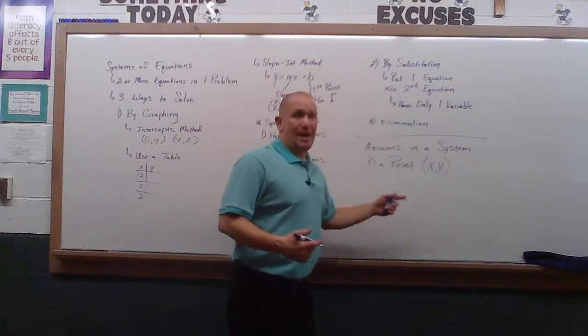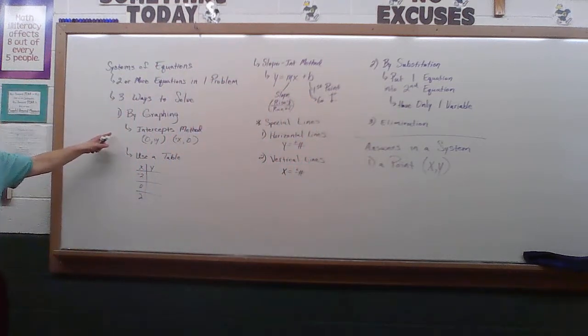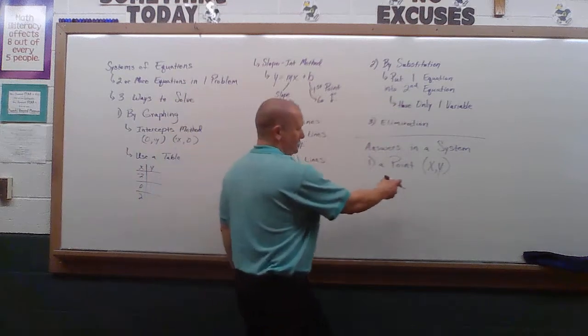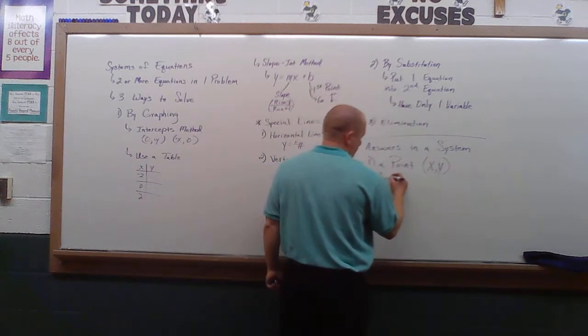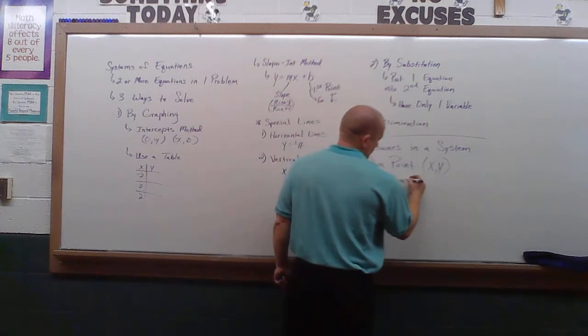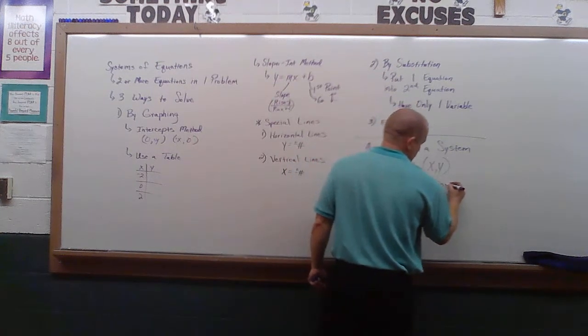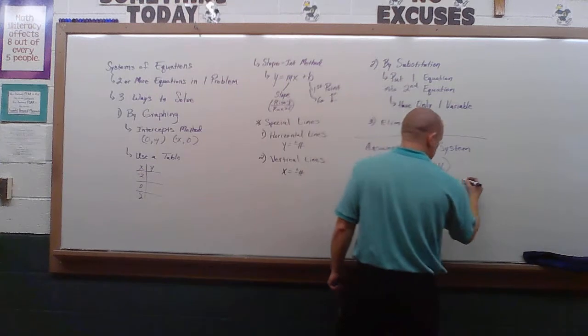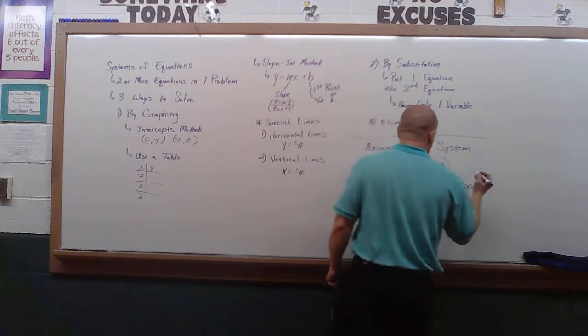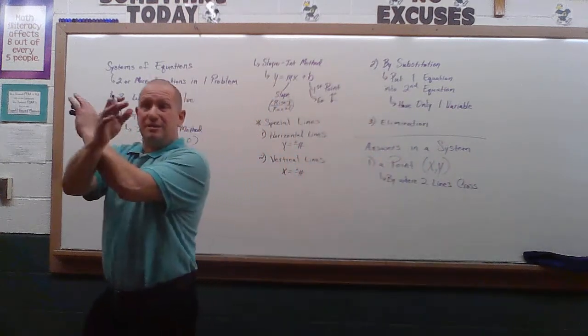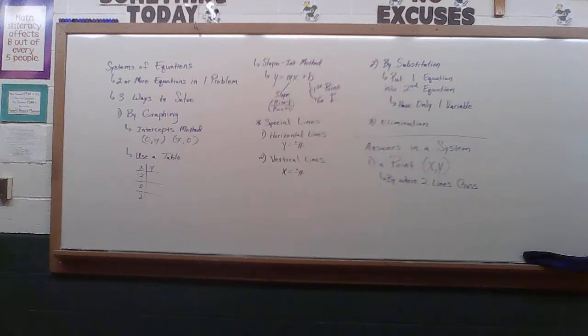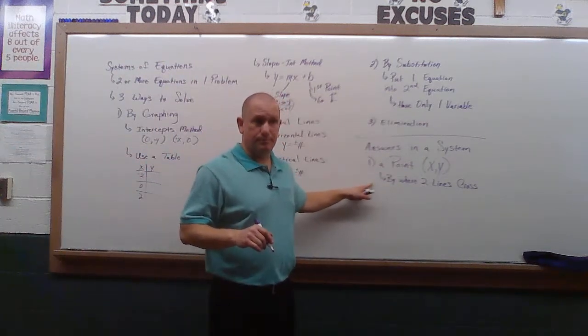Okay? So when I'm graphing, this point is going to be found by where the two lines cross. So you're going to graph both of them, you're going to see where they actually hit each other, and that answer is solving the system.